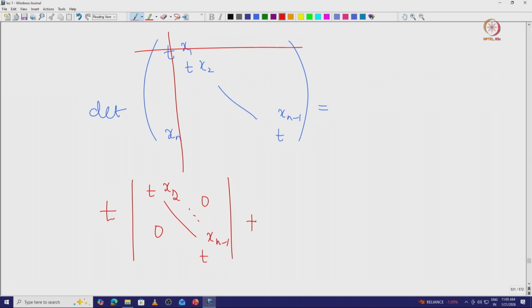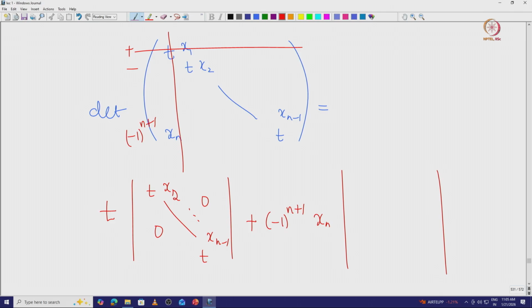Then you start with plus here, minus here, and then you come all the way here, it will be minus 1 power n plus 1. So, then this plus minus 1 power n plus 1, and then you will have x_n times the determinant of the rest of these terms.